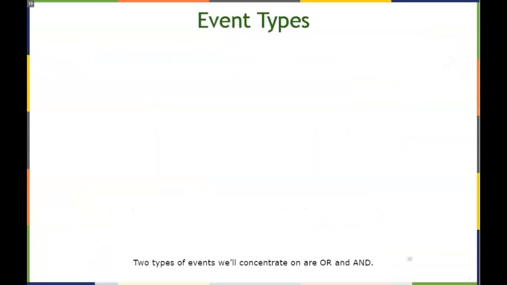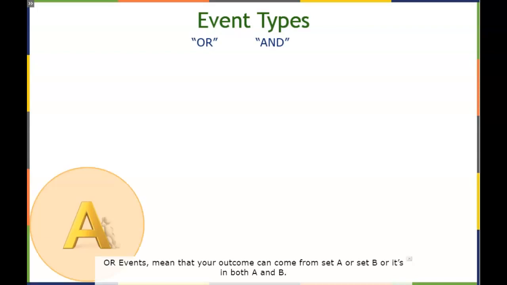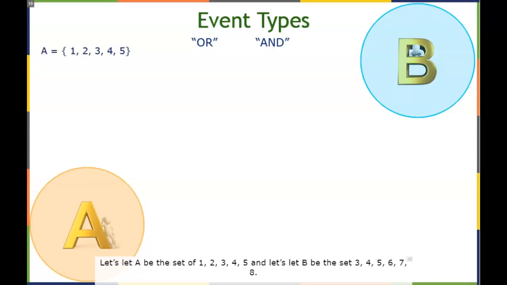Two types of events we'll concentrate on are or and and. Or events mean that your outcome can come from set A or set B, or it's in both A and B. Let's let A be the set of 1, 2, 3, 4, 5, and let's let B be 3, 4, 5, 6, 7, 8.